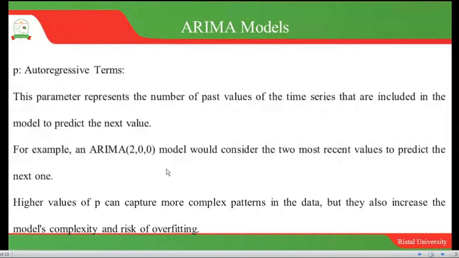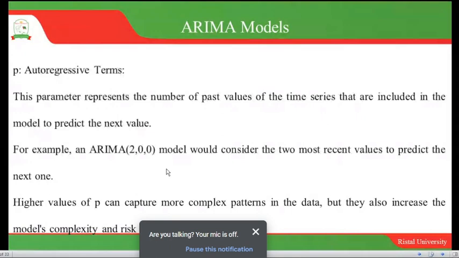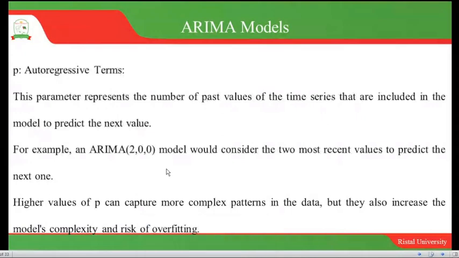When we are talking about differencing order, this parameter is the number of times the series is differenced to achieve stationarity. Stationarity means the statistical properties of the series, such as mean and variance, remain constant over time.